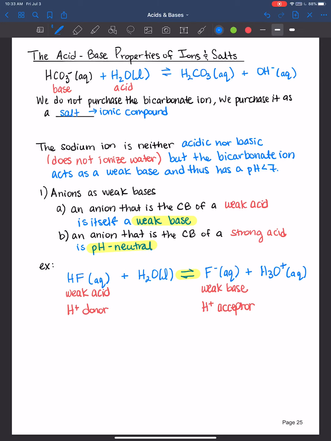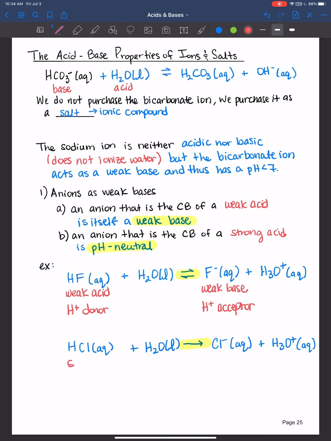Whereas if we were looking at hydrochloric acid, which is one of the strong acids, in comparison, strong acids dissociate completely, so there's no arrow going back in reverse. So complete dissociation.